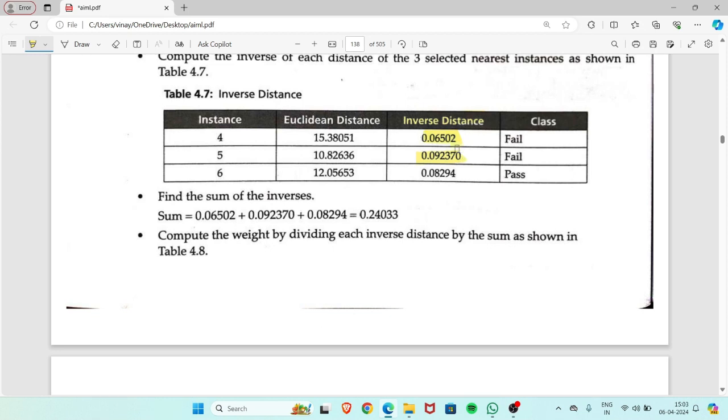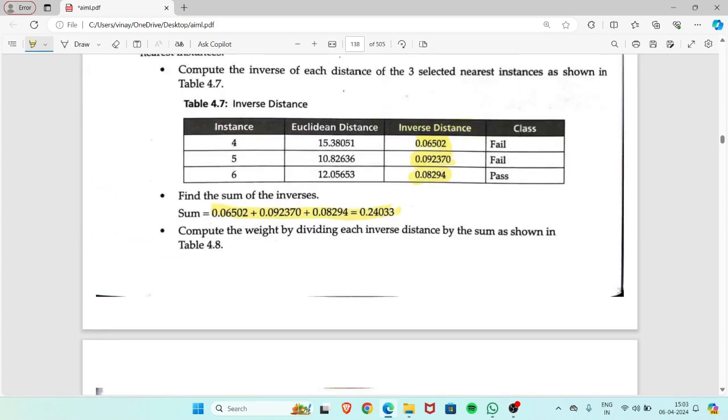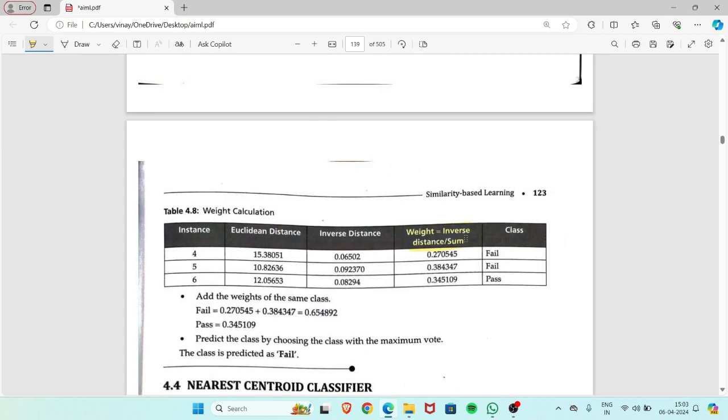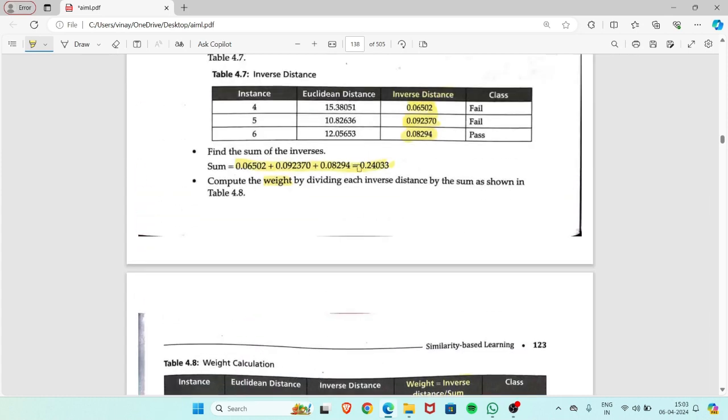Now all these inverse distances are found. After that, we have to find the sum of these inverse distances. The sum is 0.24033. Now after finding the sum, we have to compute the weight. How will the weight be computed? Inverse distance divided by the sum, and the sum is 0.24033.